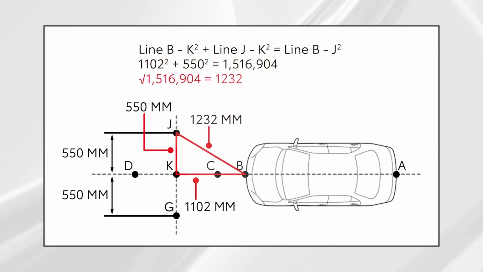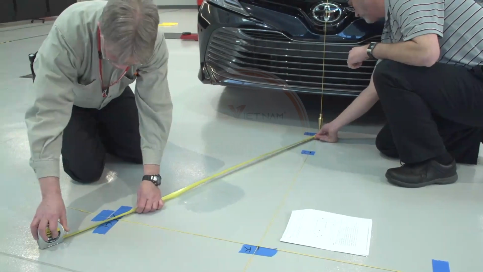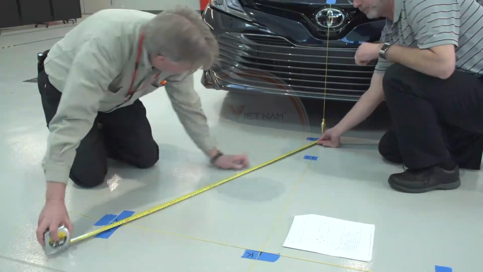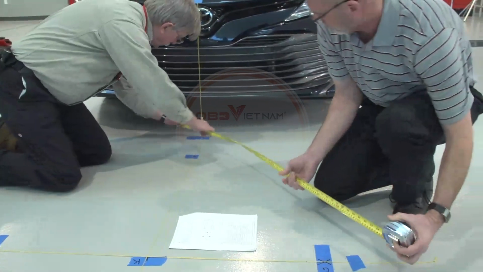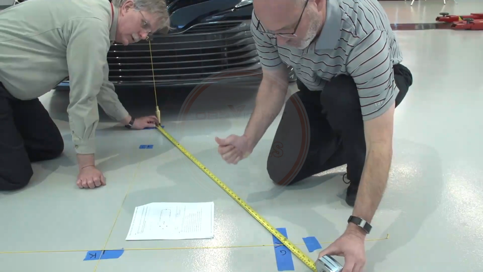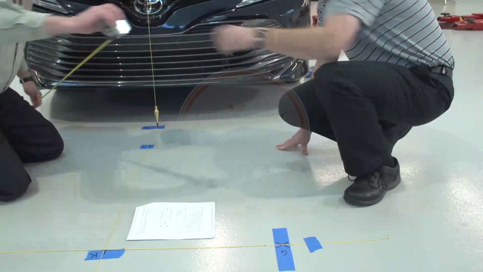The square root of 1,516,904 is 1,232. If line BJ is 1,232 millimeters long, then the perpendicular line is truly 90 degrees to the center line, and points J and K are in correct position. There are many online Pythagorean calculators available to simplify the math.